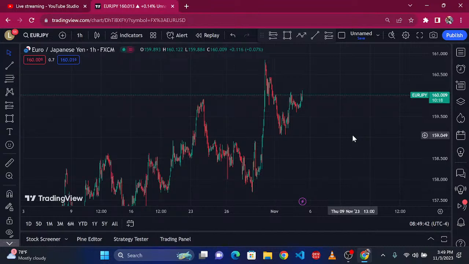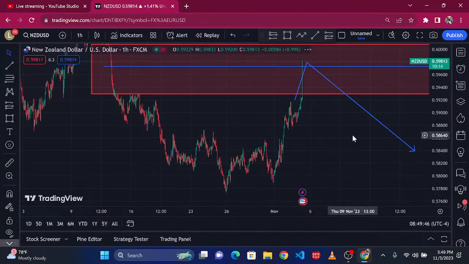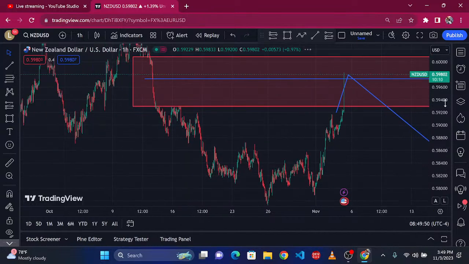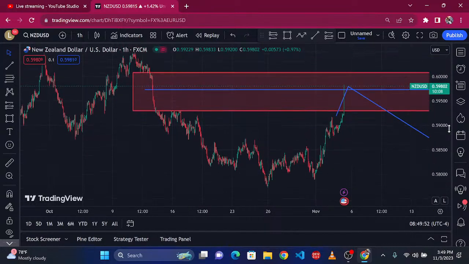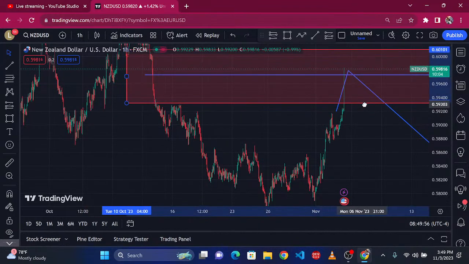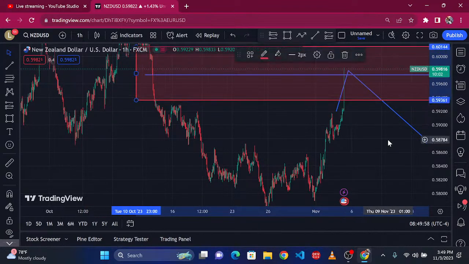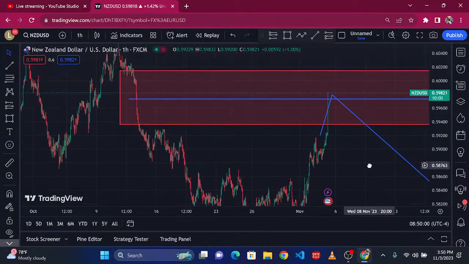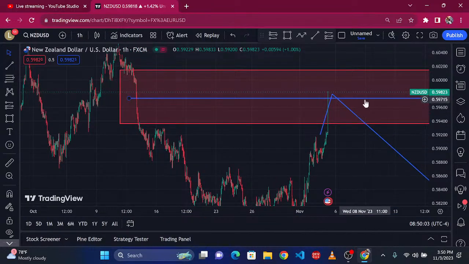Euro JPY hasn't reacted in 10 points. And USD has reached the point we wanted it to reach. This blue line, as I told you, you can buy and chase this blue line.